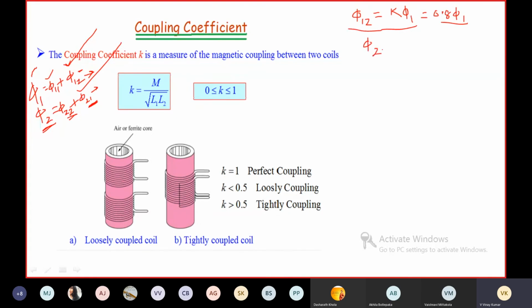Next, φ21 can be written like this: φ21 is equal to K into φ2. From this, K square is equal to φ12 φ21 by φ1 φ2.